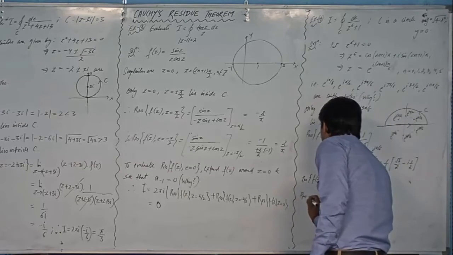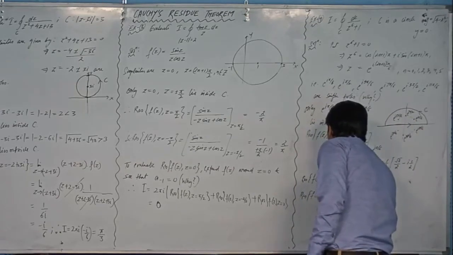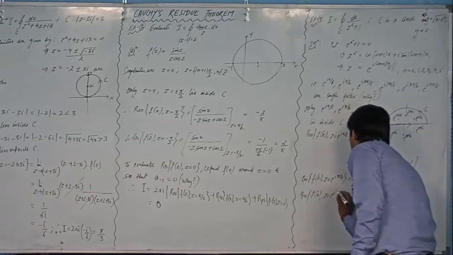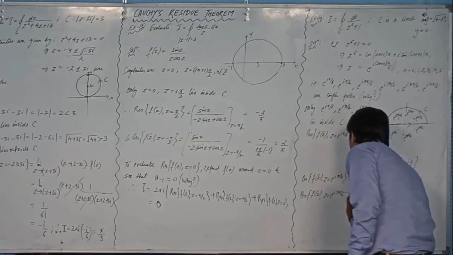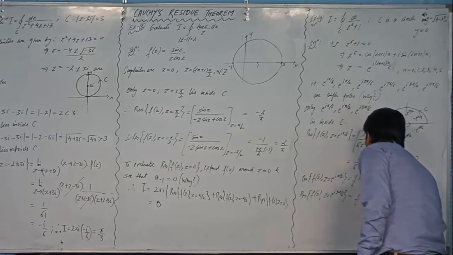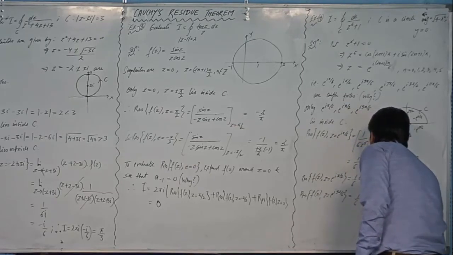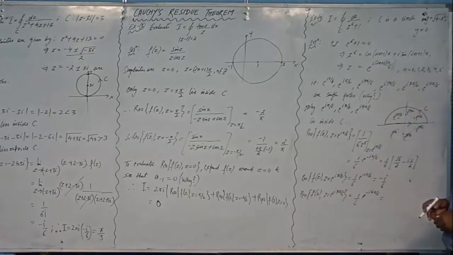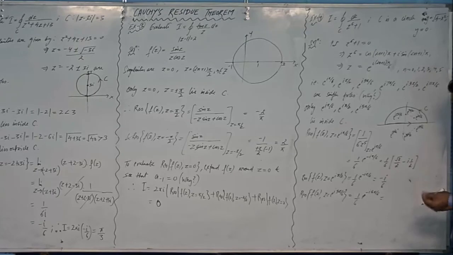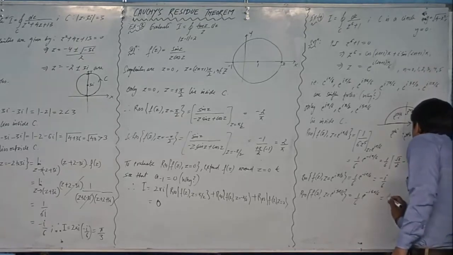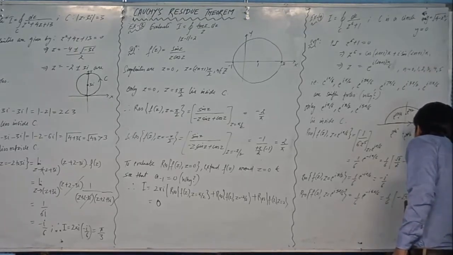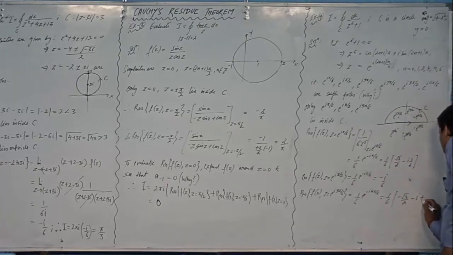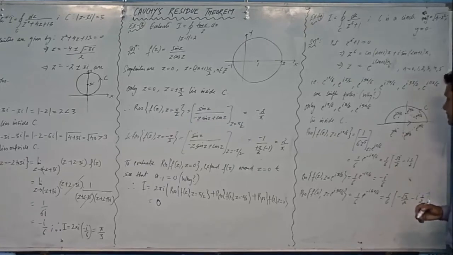And the residue of f(z) at the third pole, what is that? e^(i5π/6), we will have 1/6 e^(−i5π/6). So it will become cos 5π/6, that is cos(π − π/6), that should be negative. So negative of √3/2, and minus i times 1/2, right?